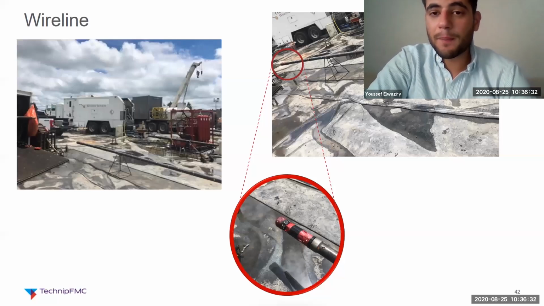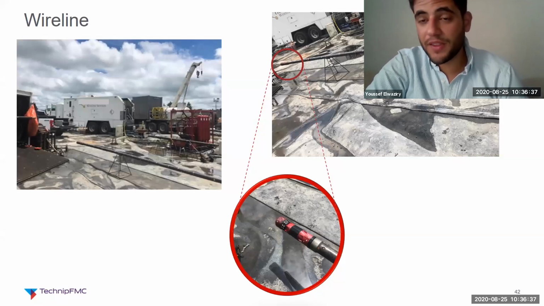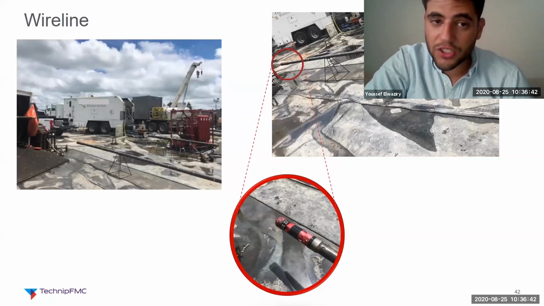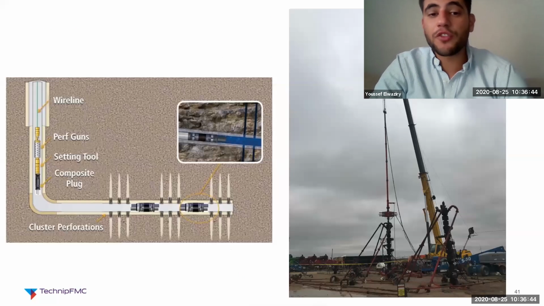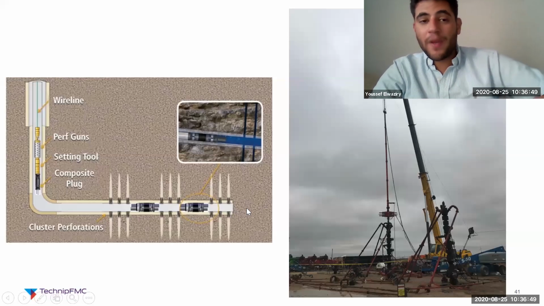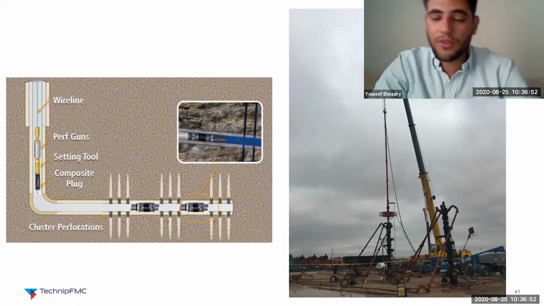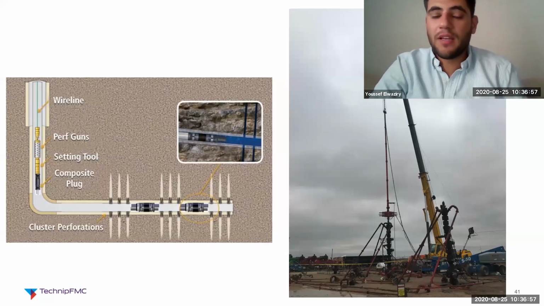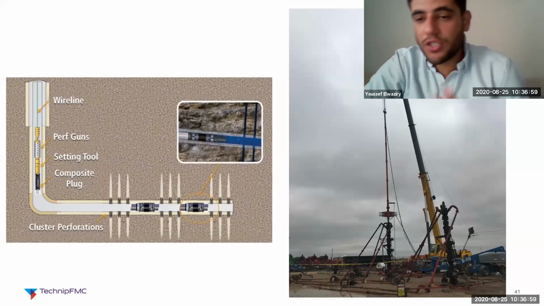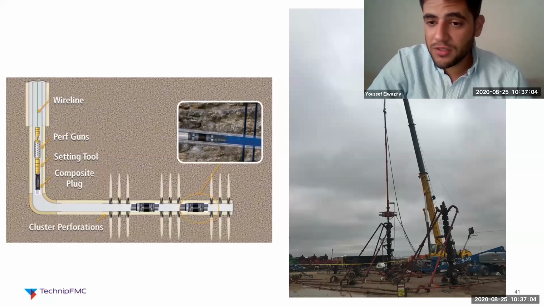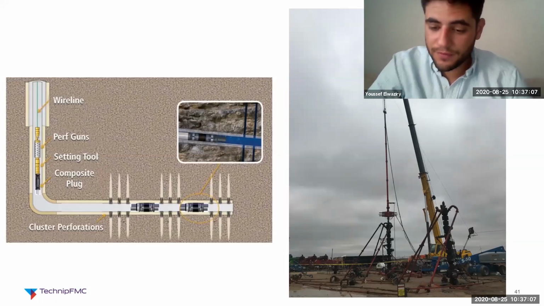But sometimes logging is done on the first frac stage. When the wireline goes in and sets the first plug, on the way out they have logging tools connected and log on the way out, just to match the driller's depth with the logger's depth. But logging for formation is usually done at another level.